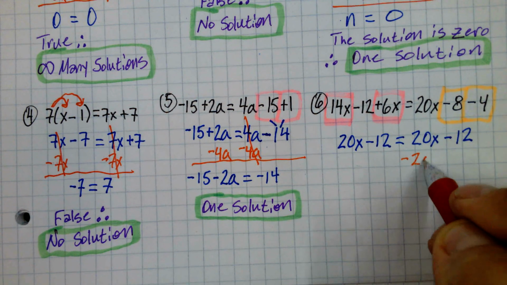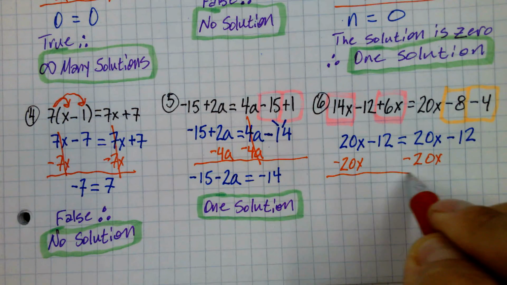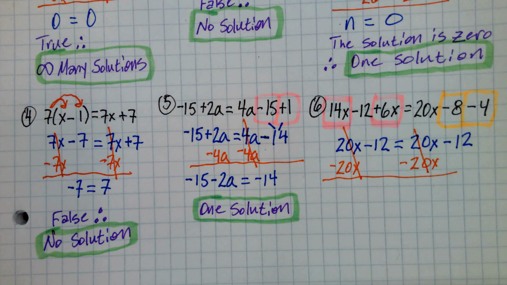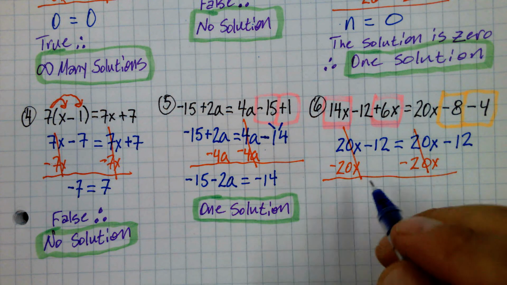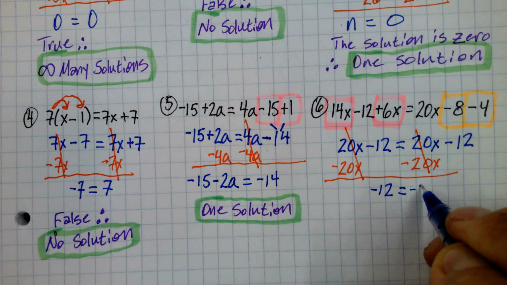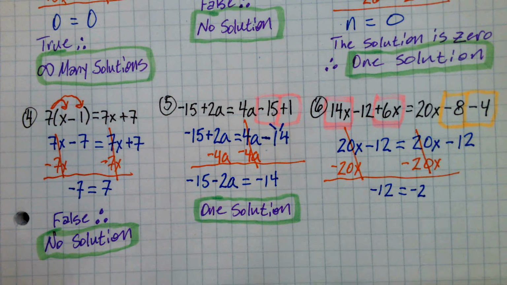Look, if I do minus 20x here and here, they cancel on both sides, but then I'm left with the same number on both sides. Negative 12 equals negative 12. Oops. 12, not 2.